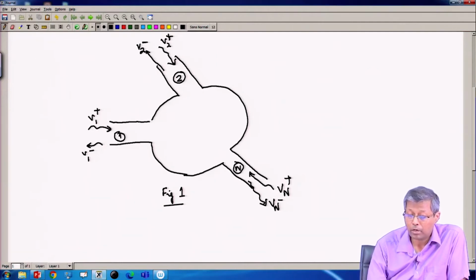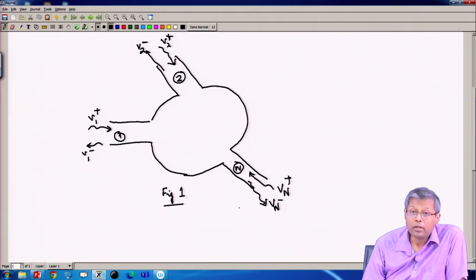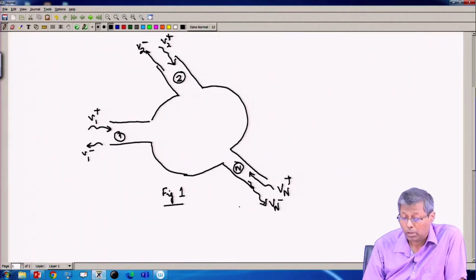So, there are intermediate ports, port 3, port 4, whatever may be, and similarly the reflected voltage waves at port 1 is V1 minus, the reflected voltage wave at port 2 is V2 minus, and the reflected voltage wave at port N is Vn minus.